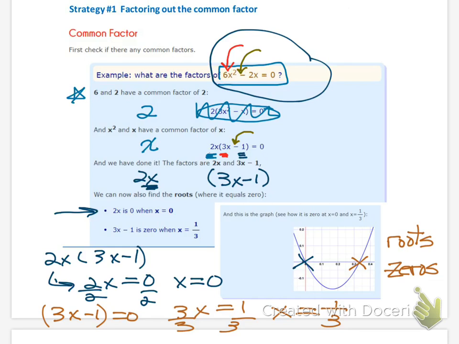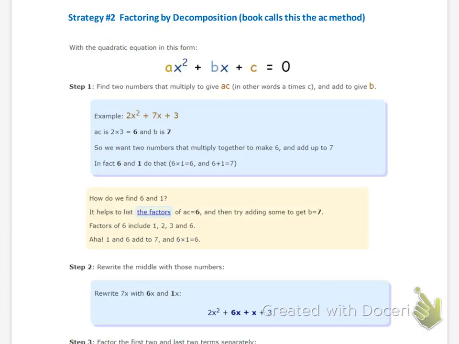Okay, let's talk about another strategy. In this strategy, it's called factoring by decomposition. So decomposition is our mission. The book calls this the AC method.